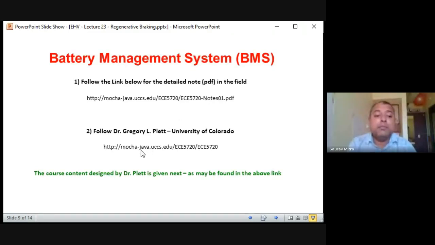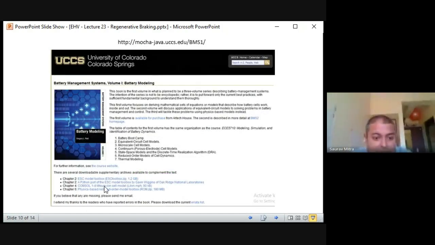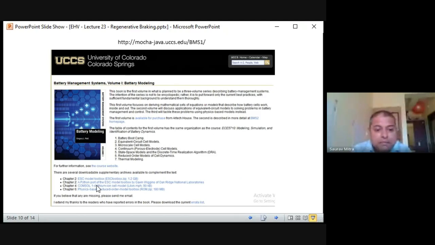This link you can click because this is the course page of Dr. Plett, and you can find a page like this there, and there you will find chapter 2, the ESC model toolbox and Python based ESC model. Whatever SOC and other things control all these things in battery, that can be found in chapter 2, chapter 4, chapter 6, and 1.2 GB is there.